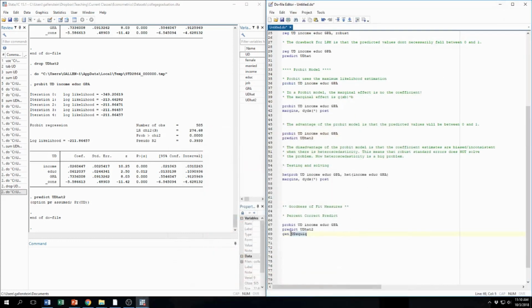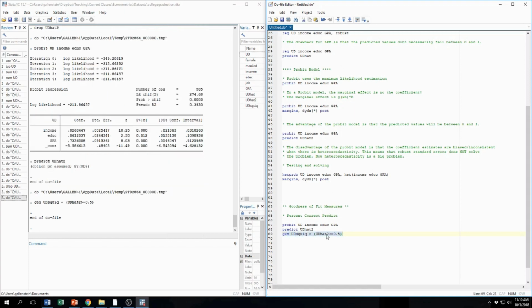So now I'm creating this y squiggle. It's going to be a dummy variable, and it's going to equal 1 if u hat 2 is greater than or equal to 0.5, and it'll equal 0 otherwise. Now I'm going to do that, create this. Now I'm going to create another variable.